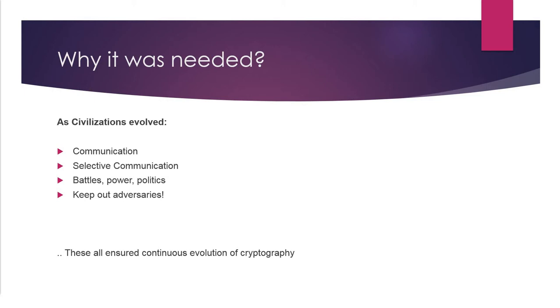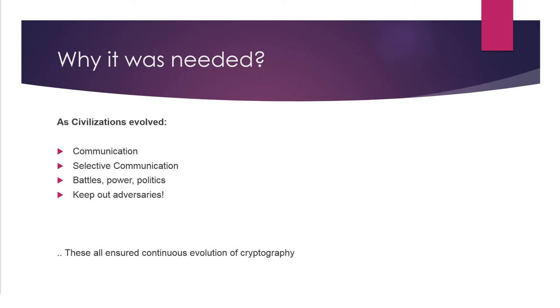When these civilizations developed and started communicating with each other, many civilizations appeared slowly, and it became necessary for them to communicate selectively. The main reason is that these civilizations were soon involved in wars with each other.